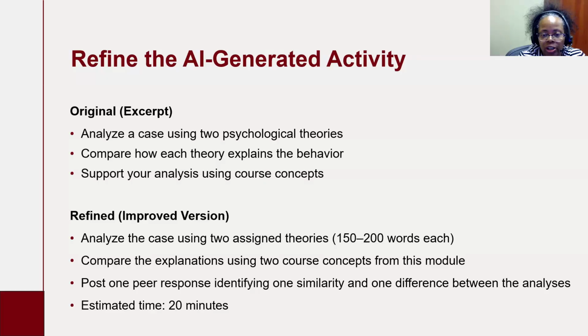Second, I ask students to compare the explanation using specific course concepts. This strengthens the connection between the activity and the course content. Third, I provide more structure for the peer response by asking students to identify one similarity and one difference between the analysis. So that encourages a more meaningful response than simply agreeing or disagreeing with a classmate.